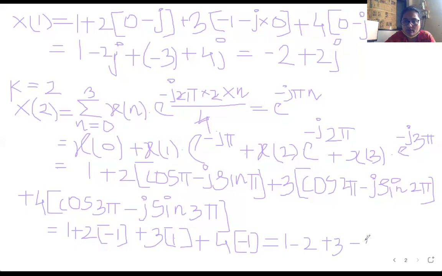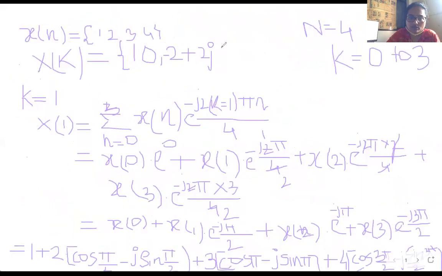So what is the output value? x of 2 is equal to how much you get here? -2. So this is what we are getting, -2. So I'm going to write here -2. The next value that I'm going to get is here -2.